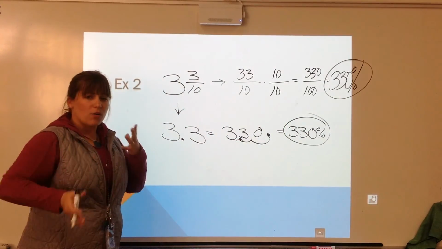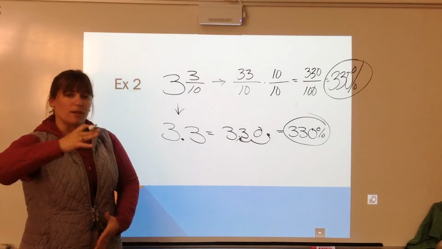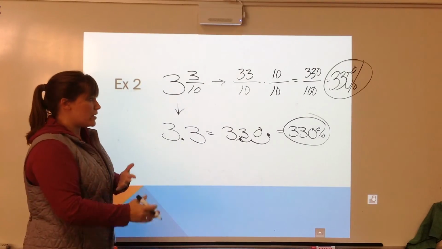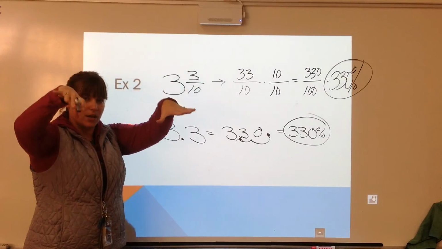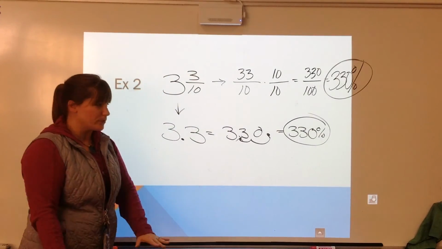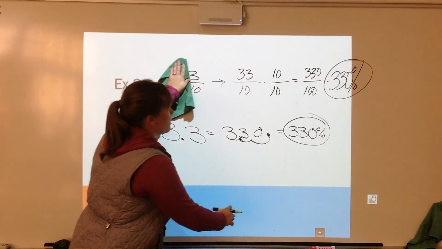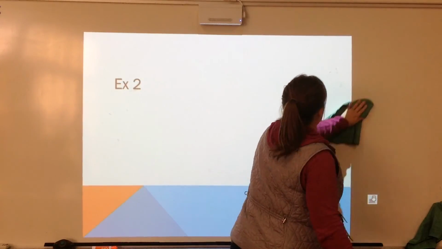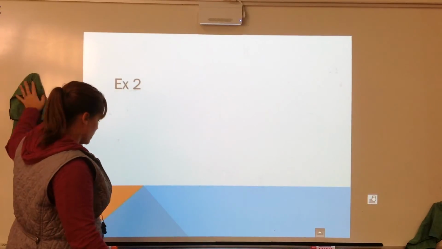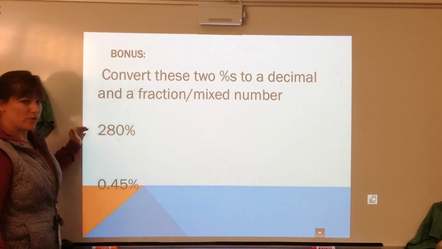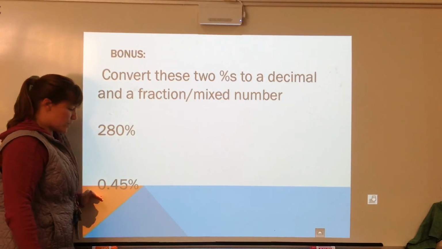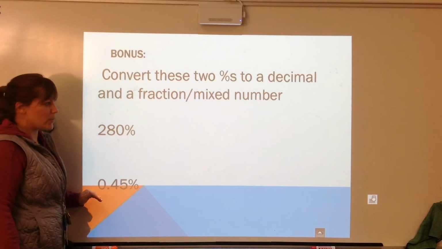Okay? Tomorrow we're going to do all sorts of examples with this strategy of dealing with percents that are higher than 100 and percents that are less than 1. As a bonus to leave you with, if you feel like you can go above and beyond, we have 2 examples, 280% and 45 hundredths of a percent.